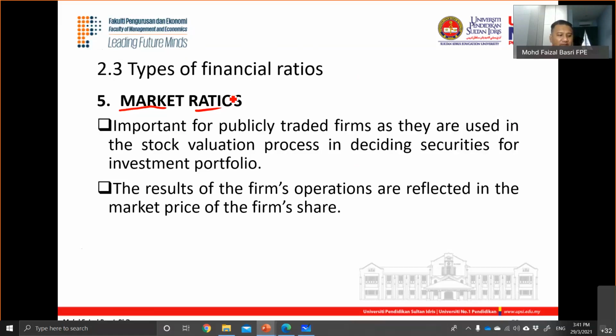They have everything that we need to know. Some of it is still in the financial statements but not in the income statement or balance sheet, so you need to read the notes, for example. But some you have to go beyond the financial statements, beyond the annual reports. I will share with you later what information is required. So, as I said, let's take a short break before we move on to the market ratios.